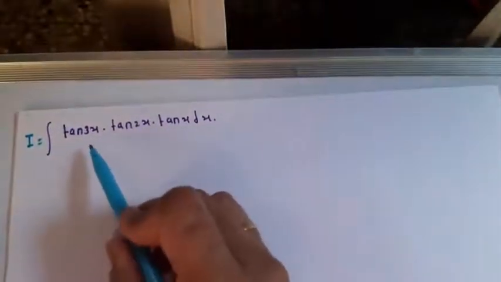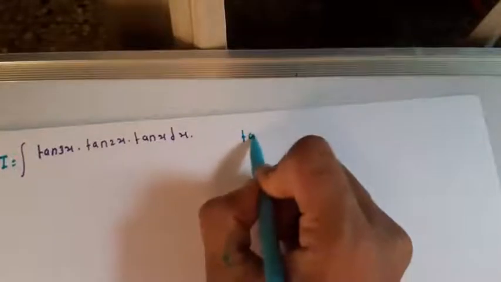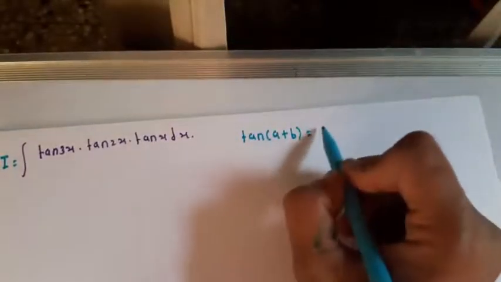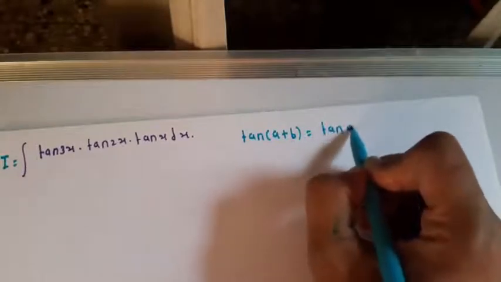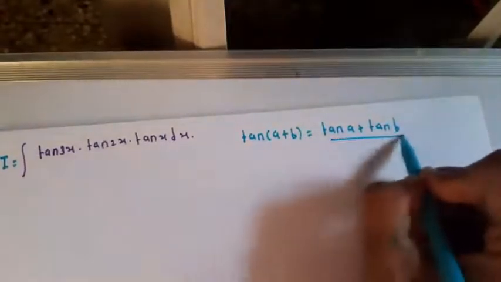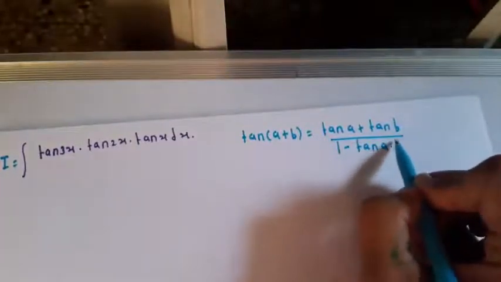To simplify the problem, let's consider I is the integration of tan of 3x, tan of 2x, tan of x. So students, we know the tan of a plus b formula: tan of a plus b is tan a plus tan b upon 1 minus tan a tan b.